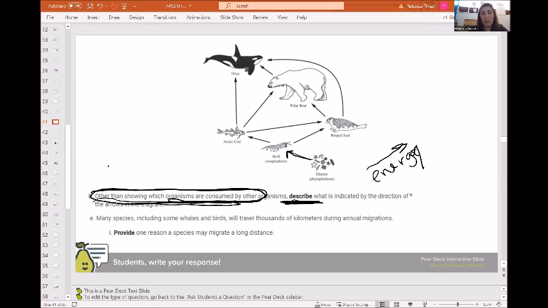So when you have this arrow here, that means that energy from the diatom is moving to the krill. Krill's energy moving to the seal. Seal's energy moving to the polar bear. And that's that conservation, the first law there. But remember, heat's being lost at every step of that movement. So you would have gotten 1 point for that.